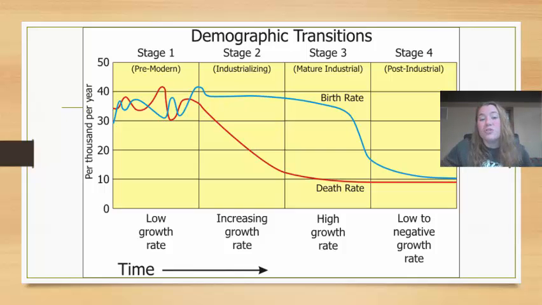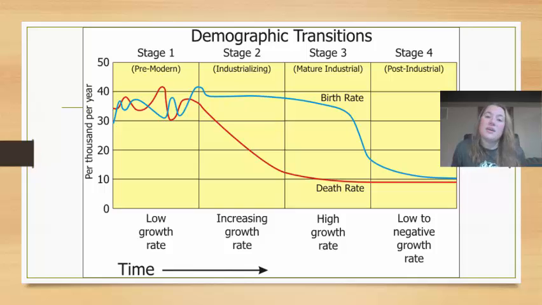But once a country turns towards stage 2, suddenly we see some pretty significant population growth. And that's because they're starting to see more advances in medicine, so those babies are going to be able to survive a little bit better, and our death rate is going to go down.